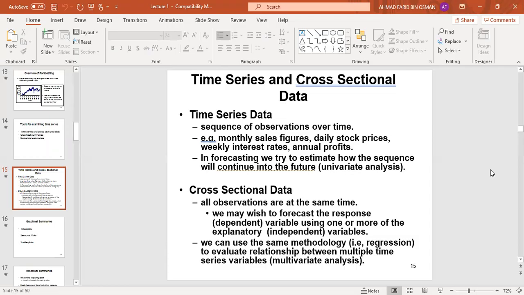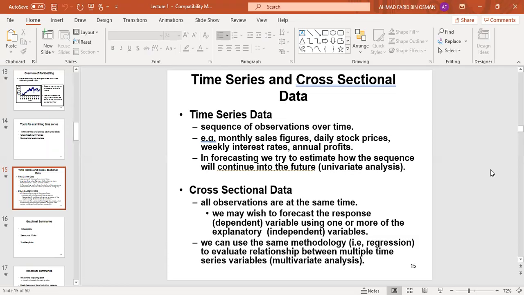We just need the values of the series in order to forecast its future values. We just analyze one series, and based on its past historical pattern, we produce a forecast for the future value. That is what we call univariate analysis.